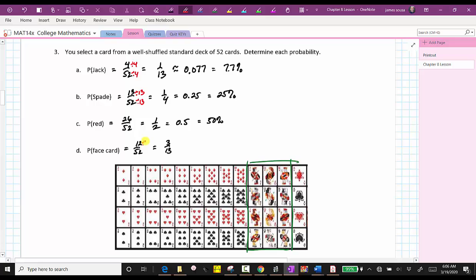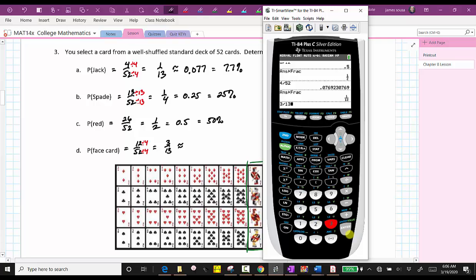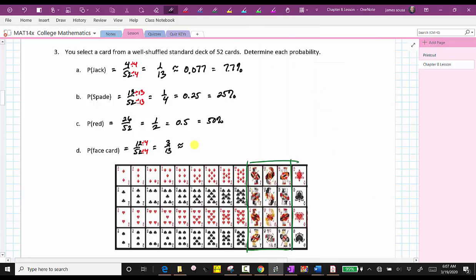By hand, we would divide the numerator and denominator by 4, which again you can also do on the calculator. And let's also get the decimal approximation. 3 divided by 13, enter. 3 decimal places is 0.231.